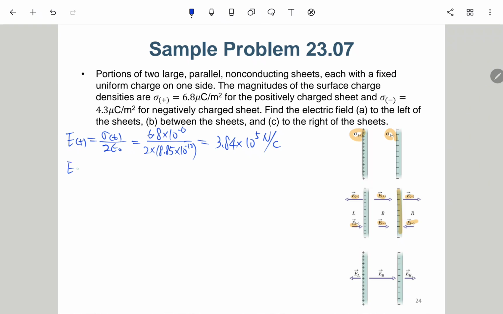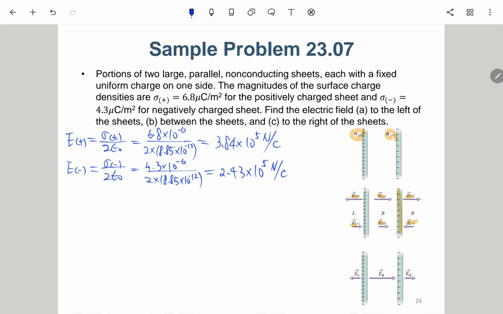Similarly, E minus is sigma minus over 2 epsilon naught, so we plug in 4.3 times 10 to the negative 6 over 2 times 8.85 times 10 to the negative 12, which is 2.43 times 10 to the 5th Newton per Coulomb.